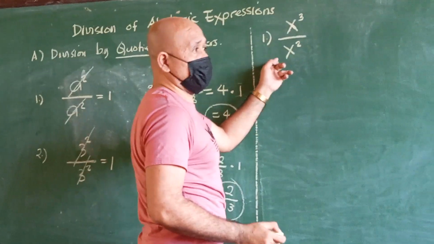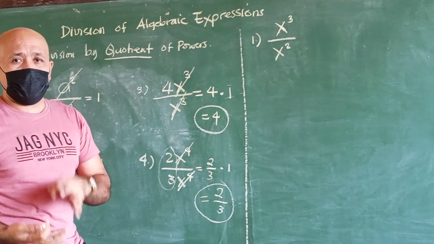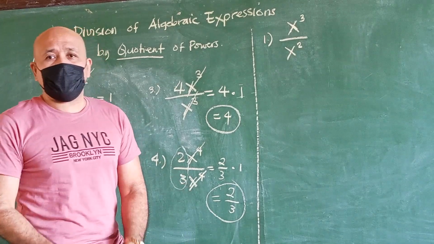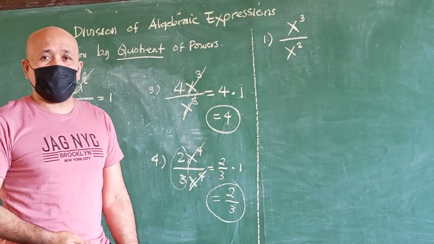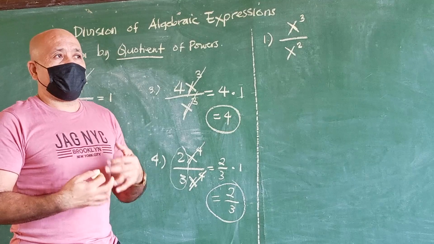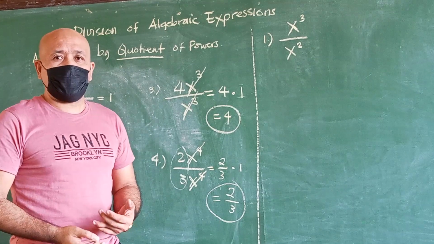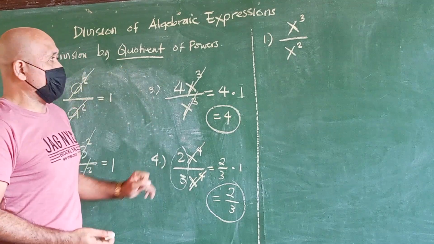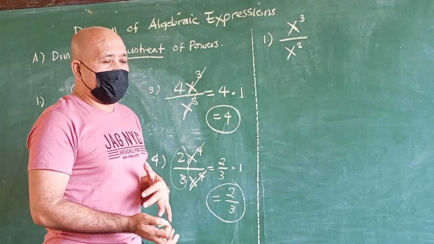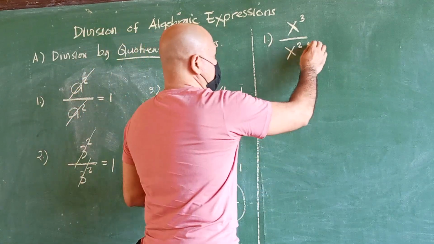Again, I am not going to present the quotient of powers in so much detail because this is just a review of one of the laws of exponents, the quotient of powers. I am directly applying the idea here.